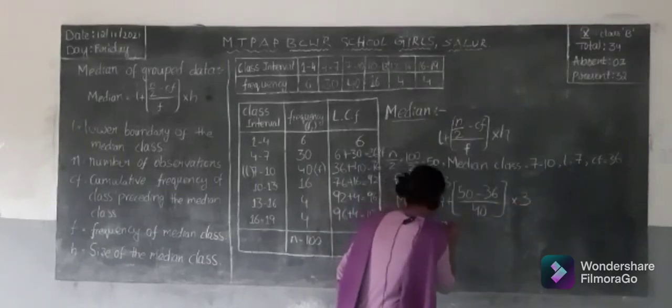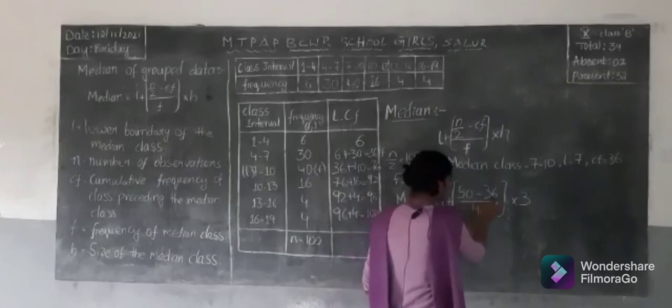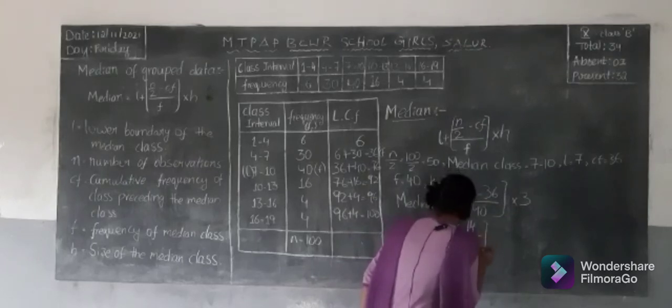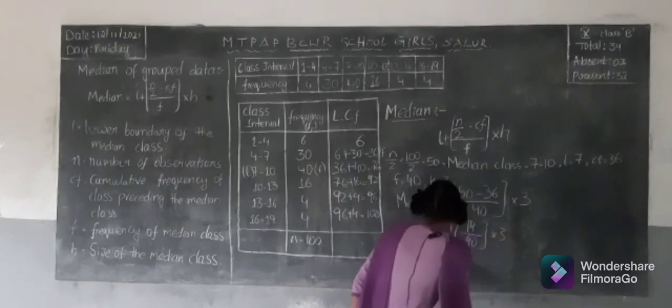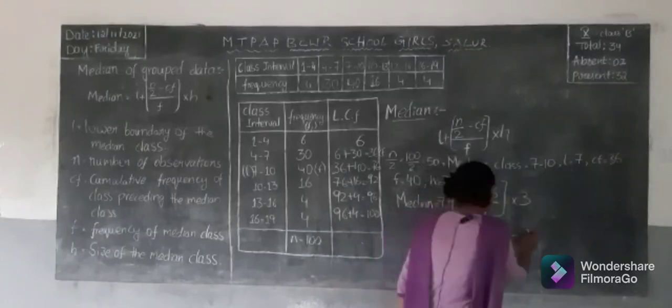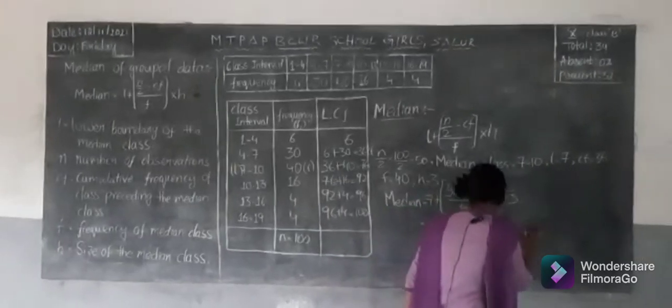Here 7 plus (50 minus 36) equals 14, by 40, into 3. 7 plus 14 into 3 equals 42.